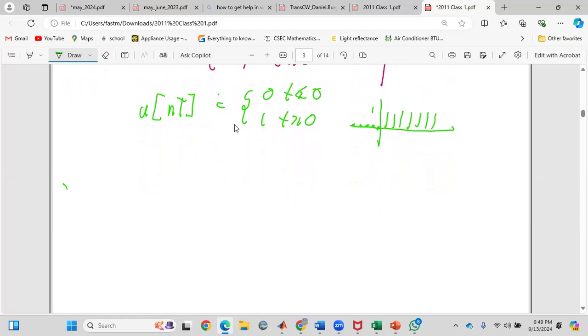Right, so the second one is called a ramp. r(t) is what it is denoted by. When t is less than 0 it is 0, and when t is greater than or equal to 0 it obeys t.